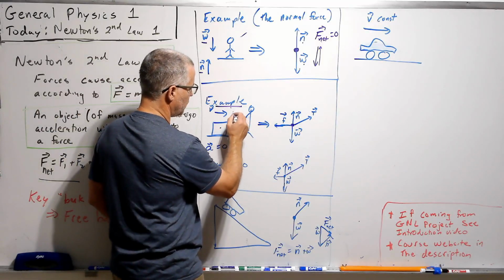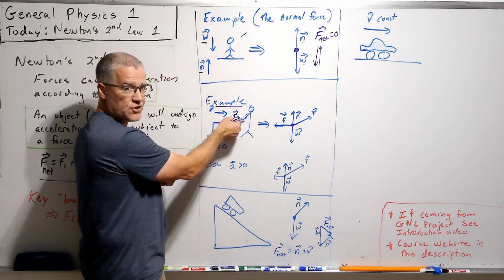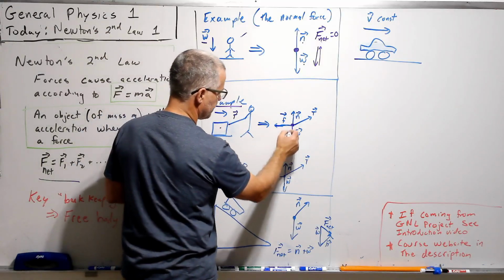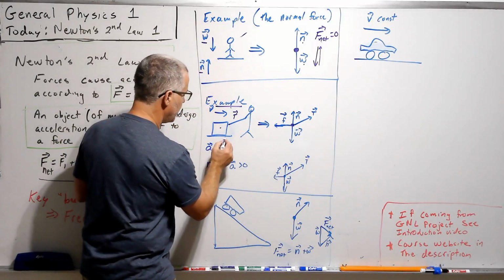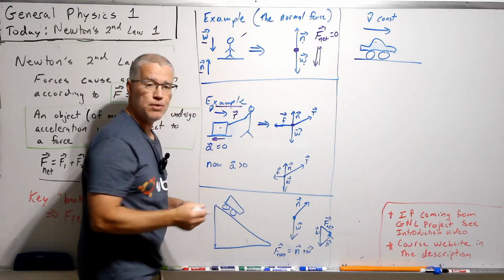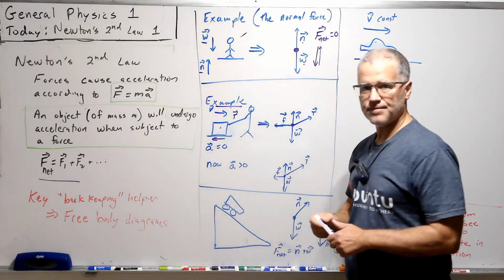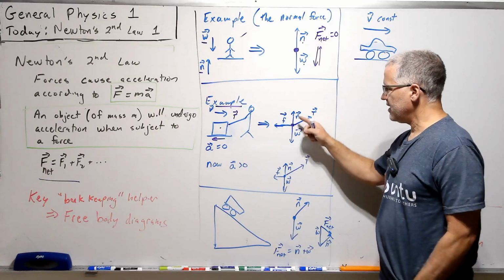So there's a tension force here, right? That's this force. It's always in the direction of the rope. There's a weight force, of course, and there's a normal force. And then there is a tangent friction force opposing the motion. And so this is our free body diagram. And then the question is, well, what are all these lengths?